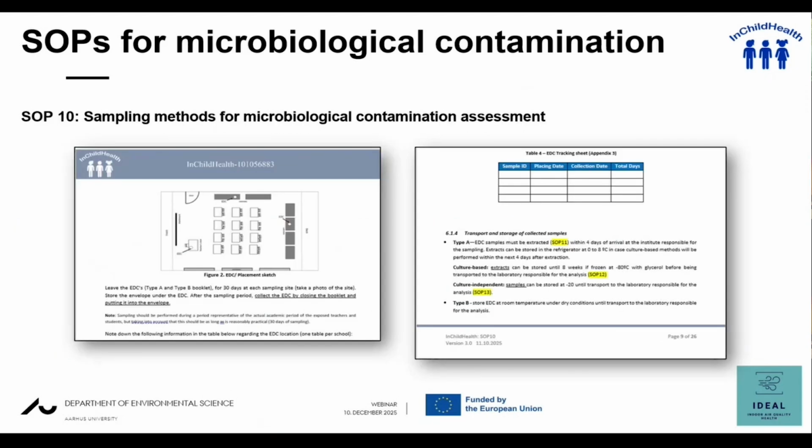We have the strategy for the sampling, so the SOP number 10. We have also the scheme on where to place the EDCs in the rooms, what rules to follow, and then we also have a table for data collection, and it immediately refers, highlighted in yellow, which SOPs you need to go to search for further information on the extraction, for example.